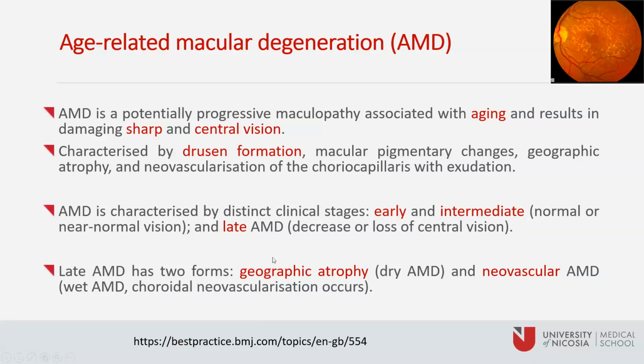The first is called geographic atrophy, also known as dry AMD. The second is called neovascular or wet AMD, where you can have choroidal neovascularization present. That means you have the formation of new blood vessels in the choroid, but those vessels are not normal in terms of their morphology and structure, so they can leak fluid into the retina.